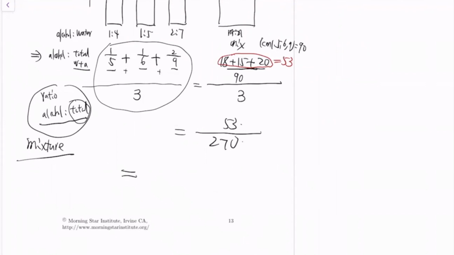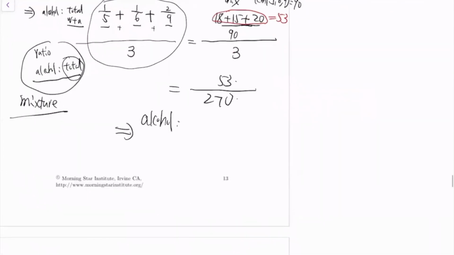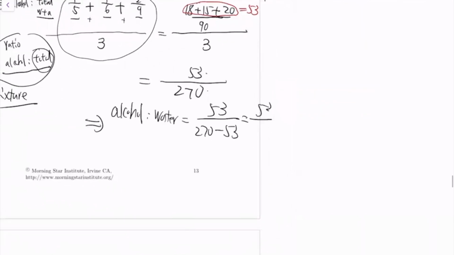All right, so then from here, I can deduce the ratio between alcohol and water will be 53 to 270 minus 53. So what we get is 53 to 217, right? Okay. All right.